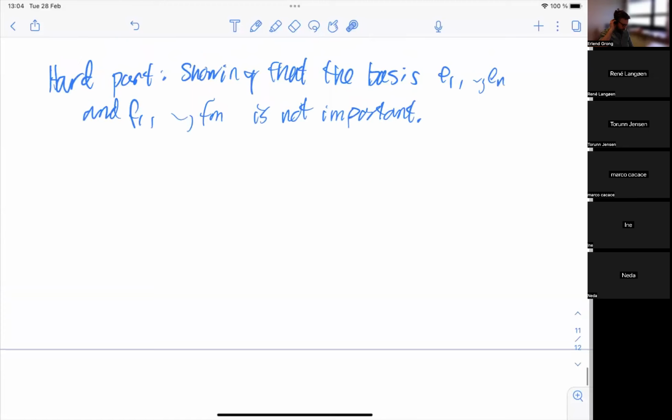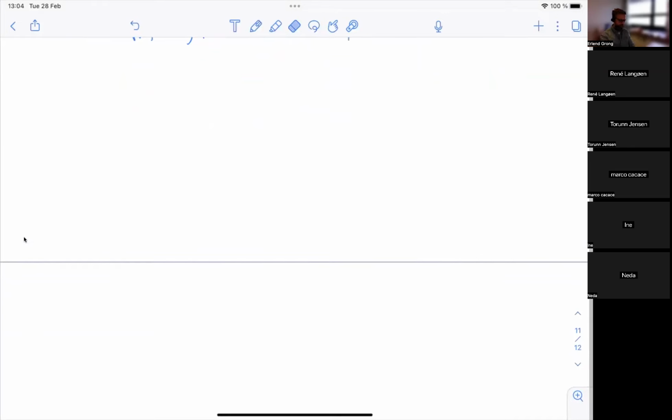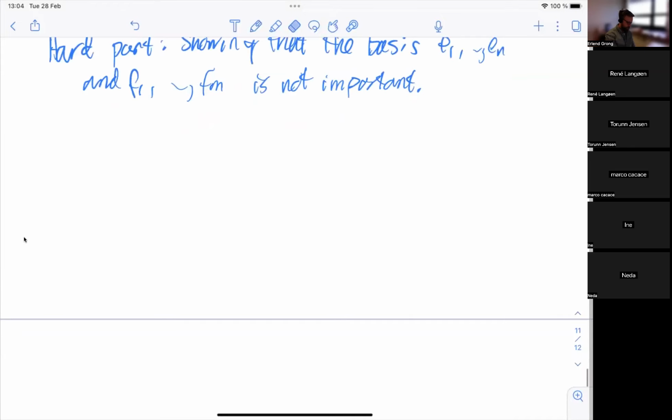Okay, so now when we return to representations and tensor products of representations, it's going to be a bit different for groups and for algebras.